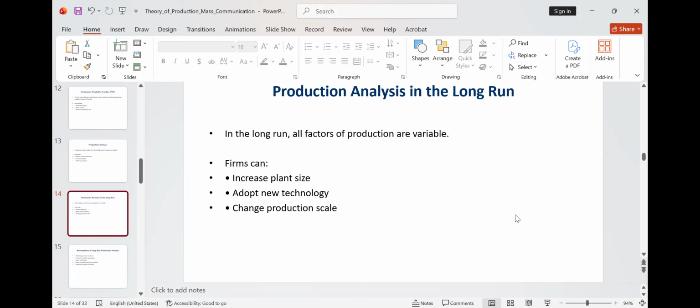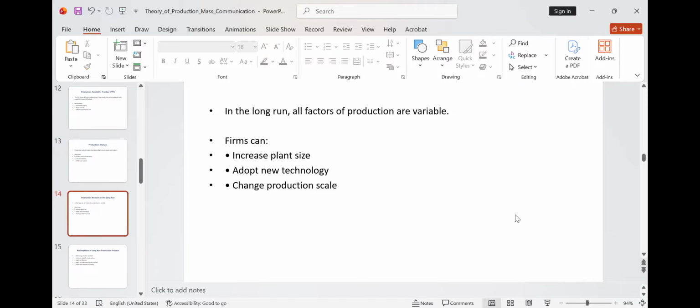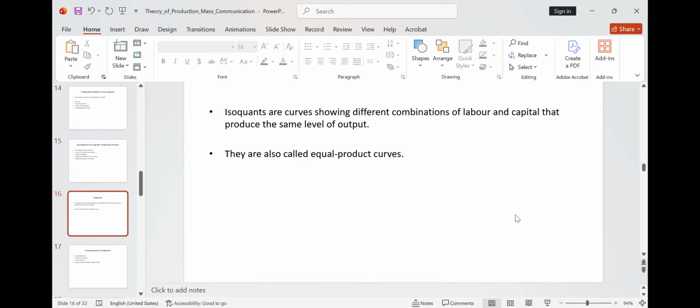Now, production analysis in the long run. In the long run, all factors of production are variable. You must take note of that. And that is because of the law of diminishing returns. Firms can increase their plant size, adopt new technology, and change production scale.